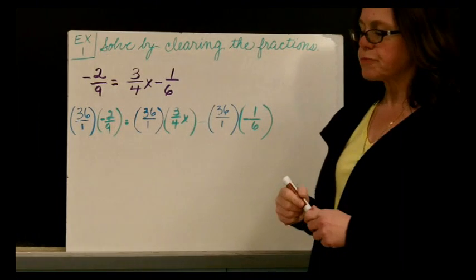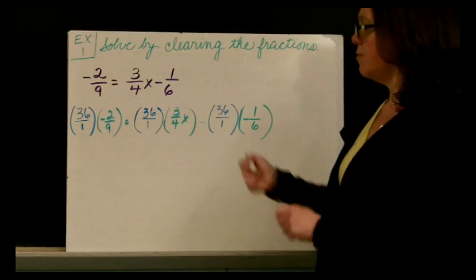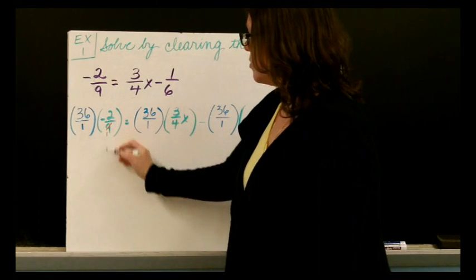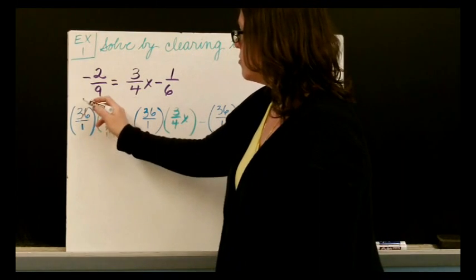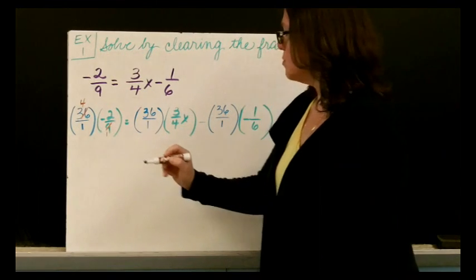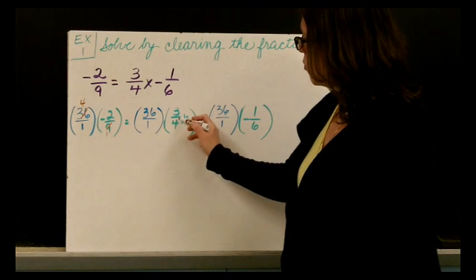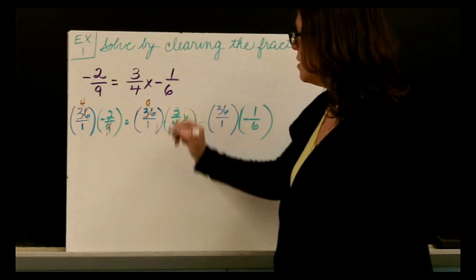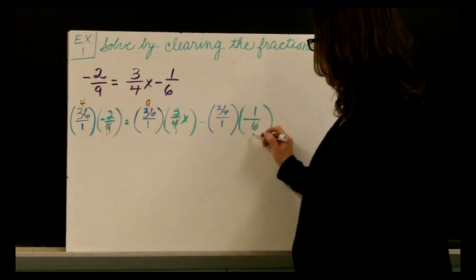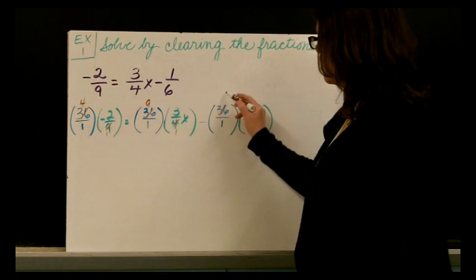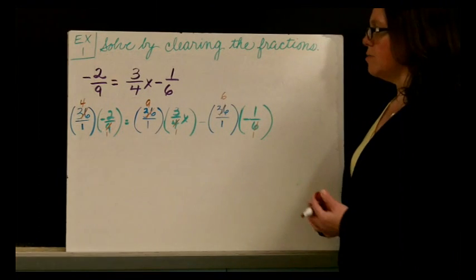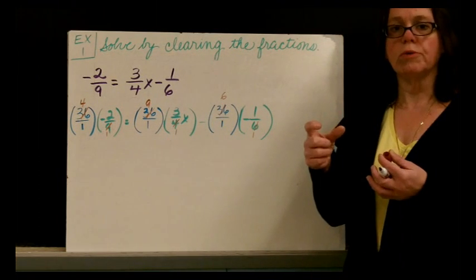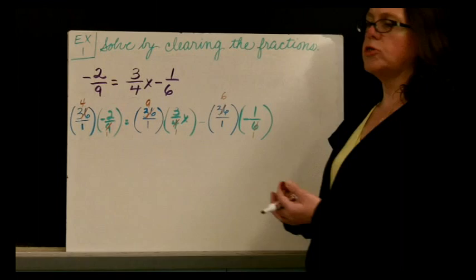And the next step is to cross-simplify. Here, when we cross-simplify, we know that the 9 will go into itself once, and 9 goes into 36 4 times. Here, 4 goes into itself once, and it goes into 36 9 times. And 6 goes into itself once, and it goes into 36 6 times. And the whole point of clearing the fractions is that we're dealing only with integers and not any rational numbers.